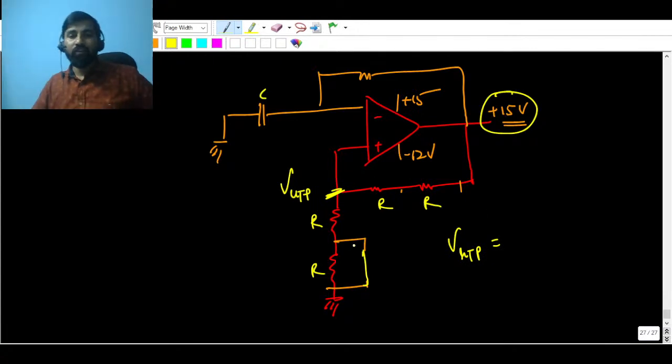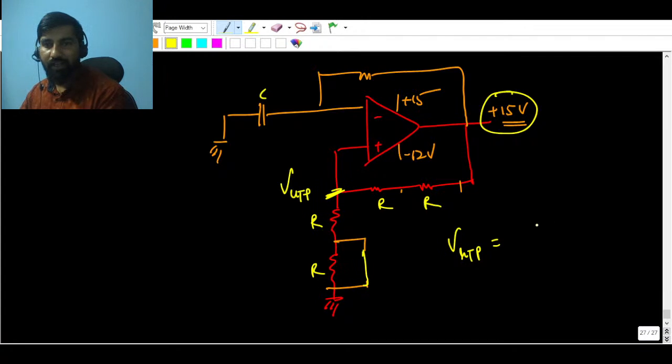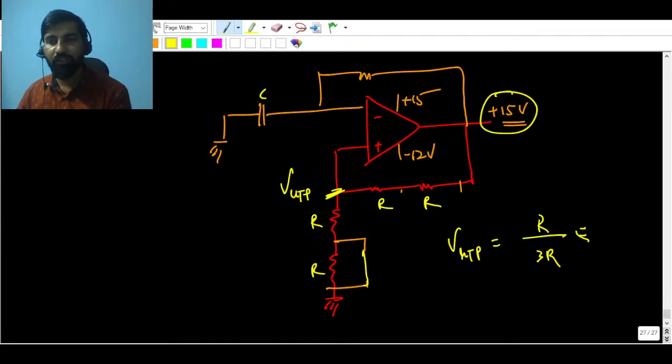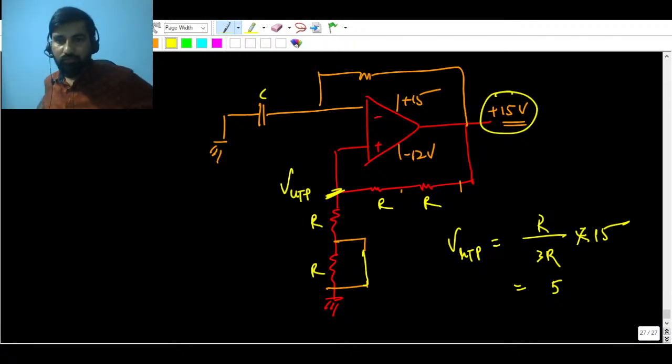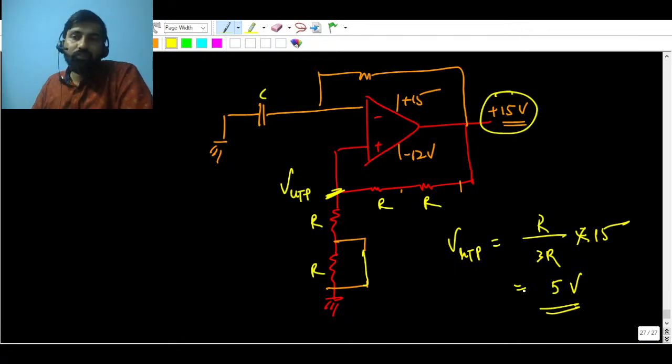You can find it directly by voltage division. When this is short circuited, this R doesn't come into the picture. So VUTP is R upon 3R into 15, which is 5 volt. I hope this makes sense.